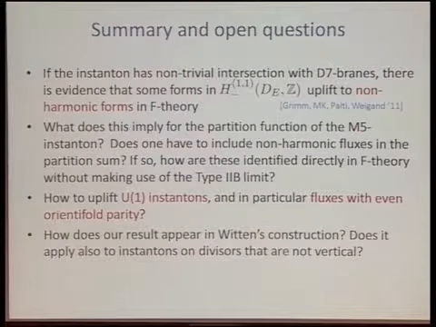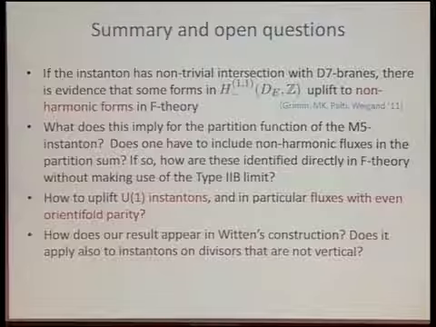And my final slide, well, just some speculative remarks. There was some evidence given in this paper here that if there is a non-trivial intersection with D7 branes, then some of these negative parity 2-forms seem to uplift to non-harmonic forms on the F-theory side.